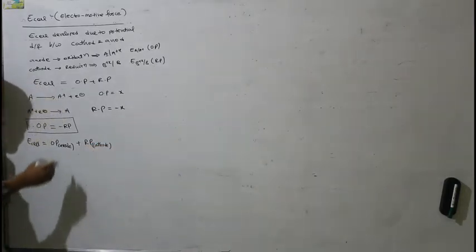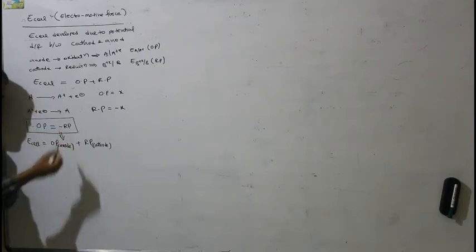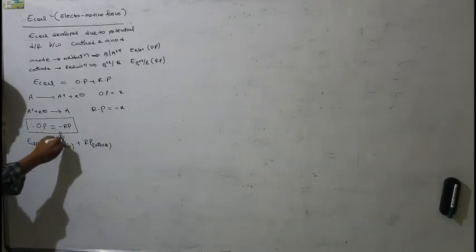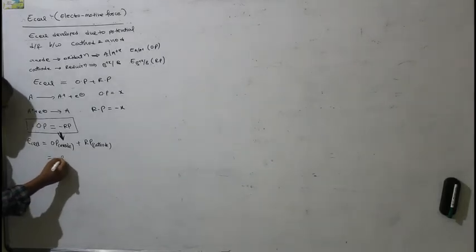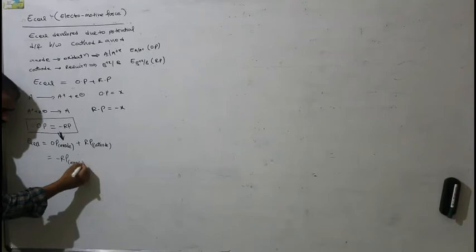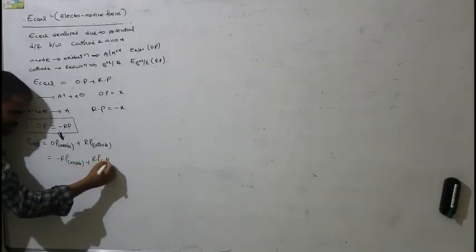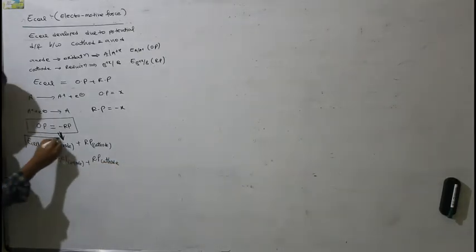But we know that oxidation potential is equal to minus reduction potential. So I will substitute this here, and it can be written as minus reduction potential of anode plus reduction potential of cathode. This is one formula, sir. There is no doubt at all.